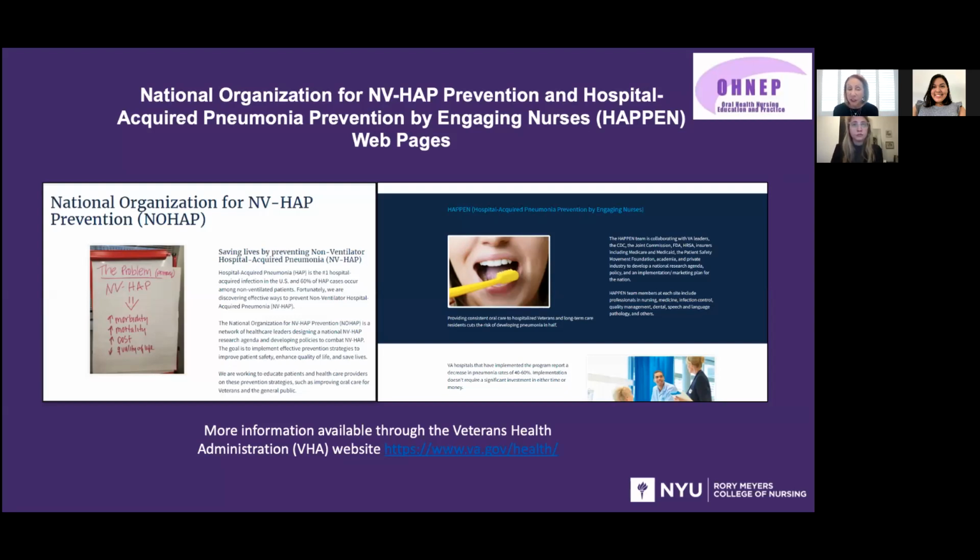care facilities. And from that work group emerged a national organization called NOHAP, the National Organization for the Prevention of NVHAP, with a website that you can check out. The website is here.